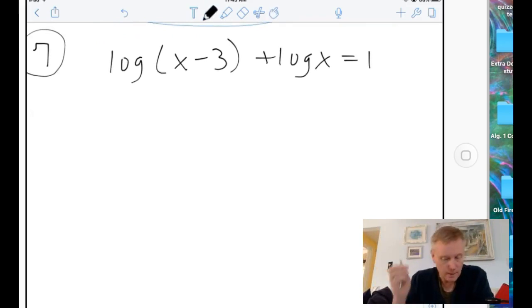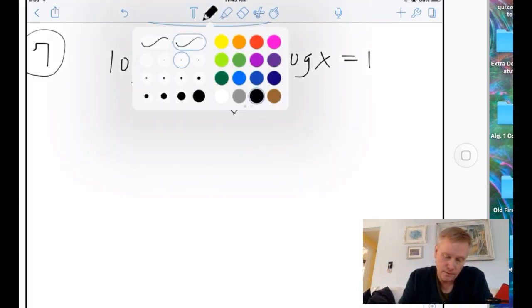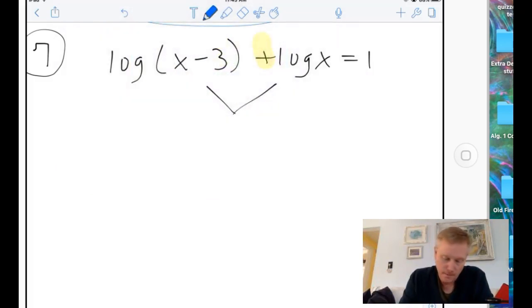Okay, so I'm going to combine those together. Remembering I got plus between the two logs, which means it's really multiplying what comes after the log. It gives me log of x times x minus 3 equals 1.